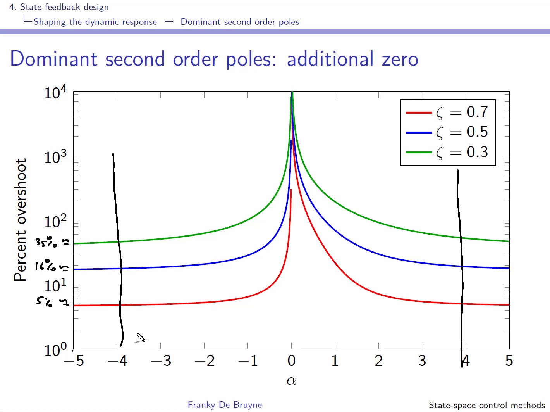Of course, when alpha is decreasing in modulus, if you go in this direction or in this direction, you can see that the effect of the zero becomes larger and larger, and of course it becomes dramatic when alpha is close to zero.